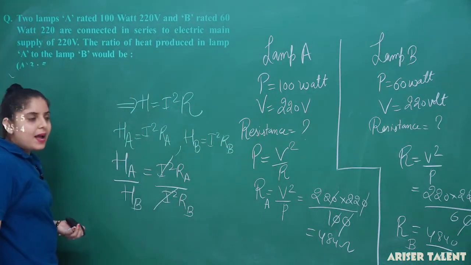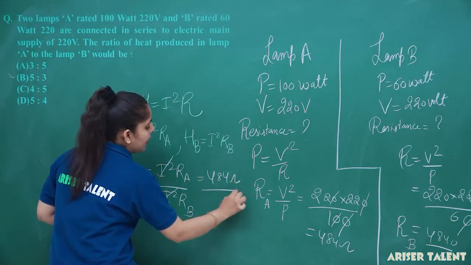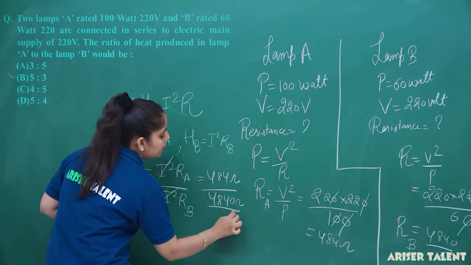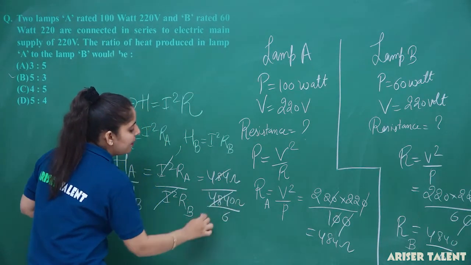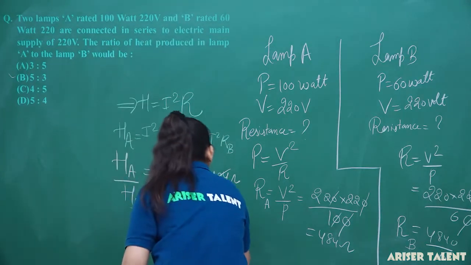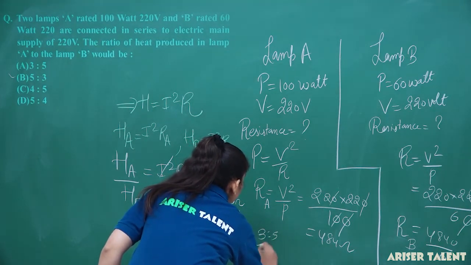I square will be cancelled by I square. Ra has a value 484 ohm and Rb has a value 4840 upon 6. So, it must be cancelled by this and it came out to be 6 upon 10. And 6 upon 10 will give you a ratio 3:5.